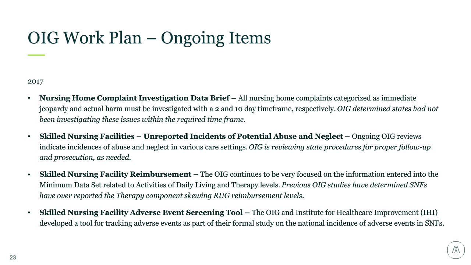What's interesting, and this comes up quite frequently in the OIG work plan, is that a deficiency is reported or a survey is completed. The state comes in, they're doing their work, but there isn't a lot of follow-up from the state once these action items are brought to the table.